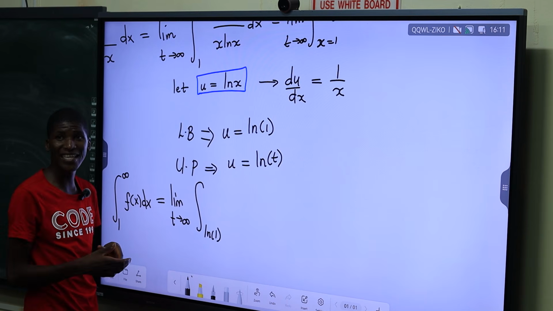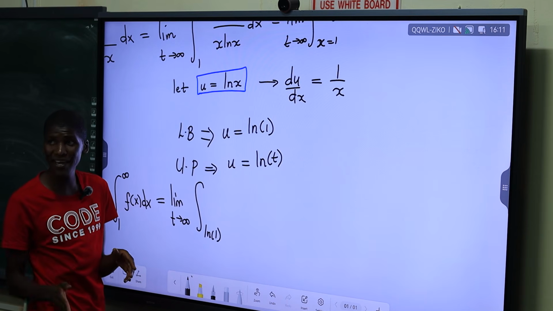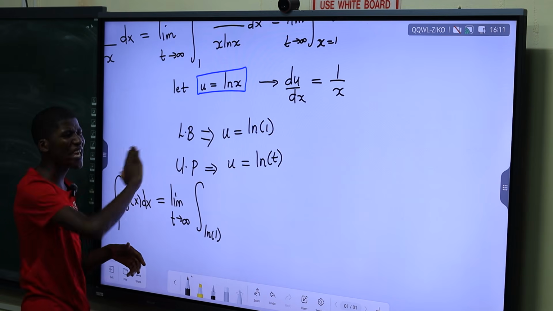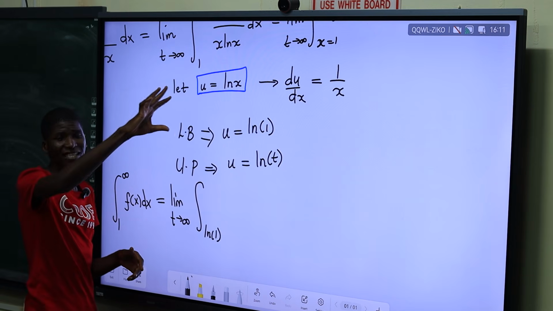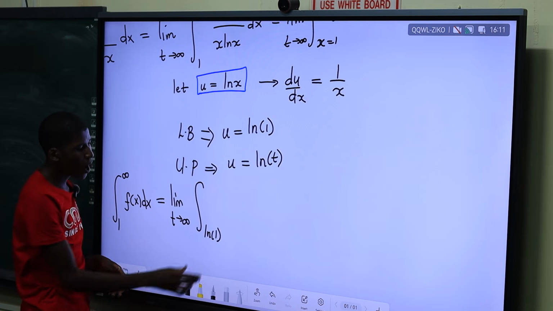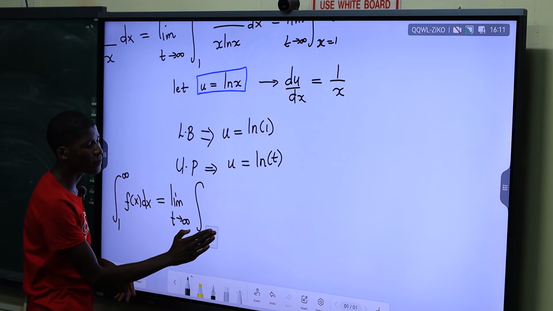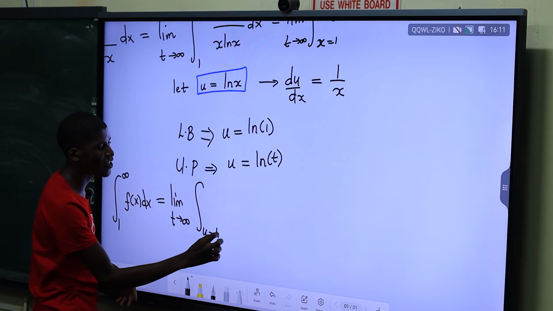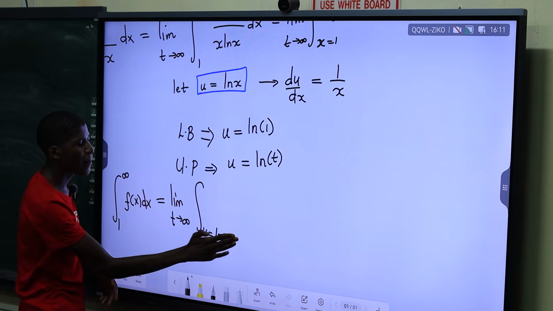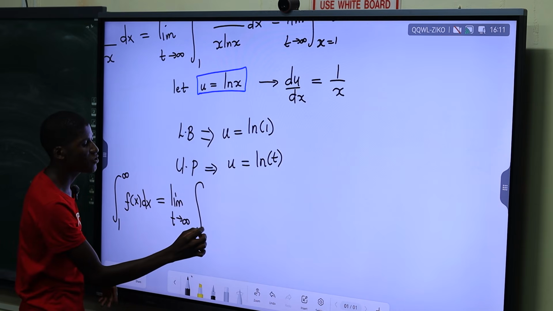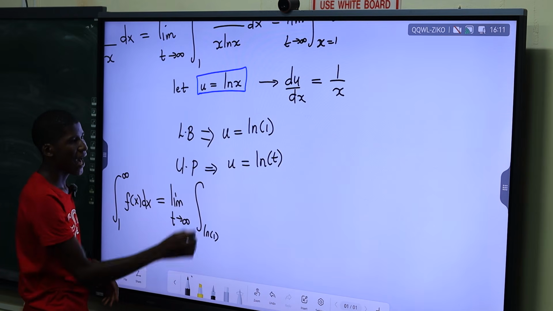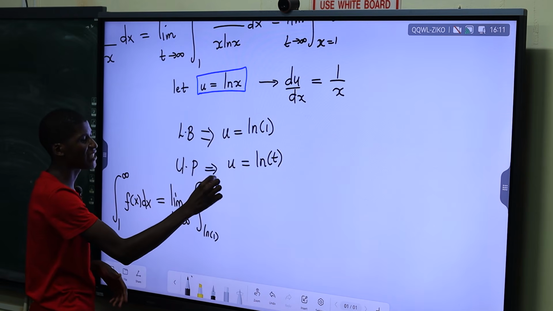And so we are transforming our integral from x to u. So you transform everything from expression to bounds. So our bounds: this is now going to be the lower bound, u is equal to ln of 1. That's the lower bound. But I'm just going to write ln of 1. Upper bound, I'm just going to write ln of t.